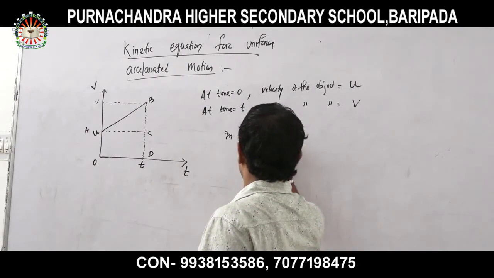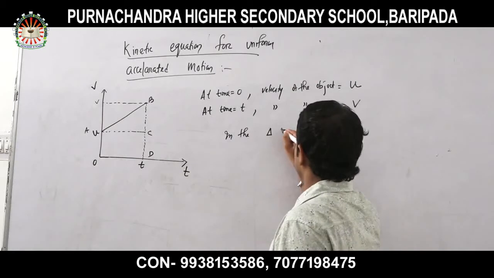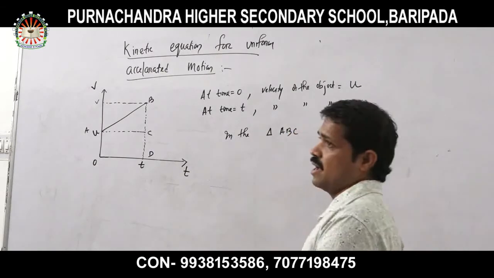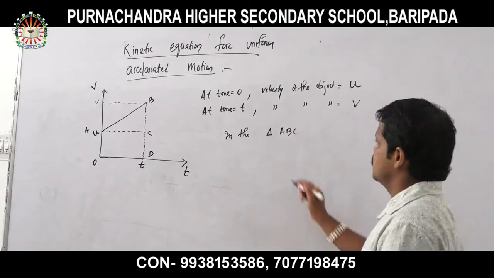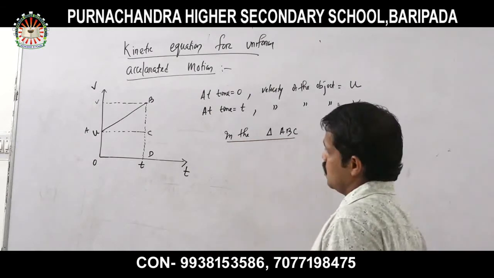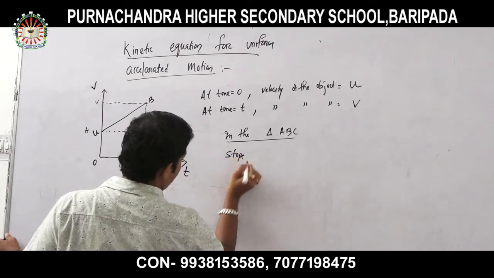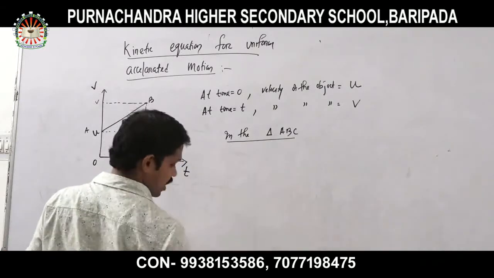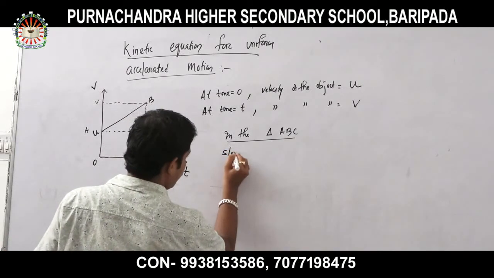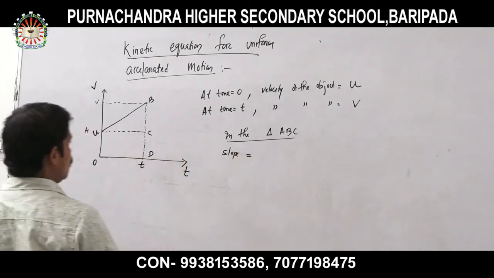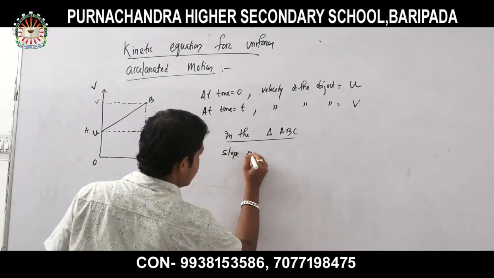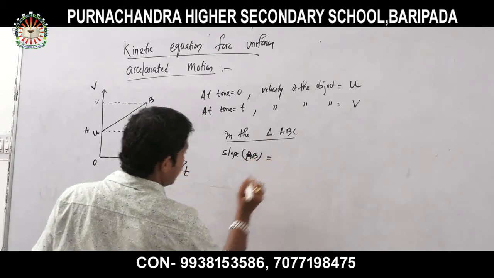In the triangle ABC, what can I write? Slope AB is equal to what?